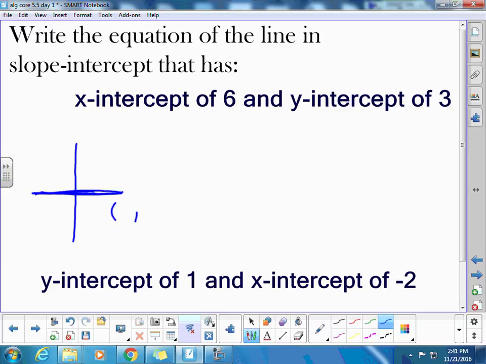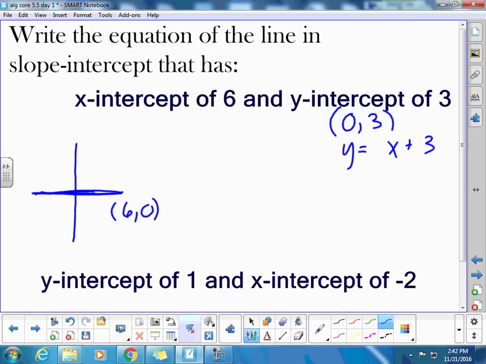So I'm going to have x-intercept of 6 and y of 0. And for y-intercept, it's going to be x is 0, y is 3. So those are my 2 points. And remember I said this was y equals some kind of x plus 3, because that's my y-intercept. Well, I just need to find the slope.